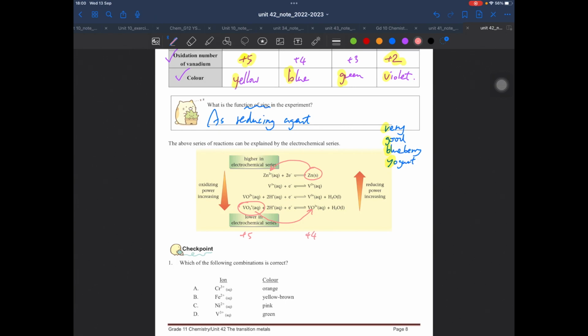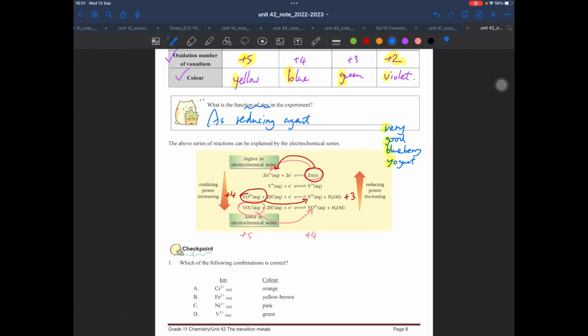Very good. But something new here. The reaction hasn't ended because VO double plus is here. It allows the second reaction with zinc. Zinc becomes zinc ion again, but this time VO double plus becomes V3 plus, positive 4 to positive 3, right? From blue to green.